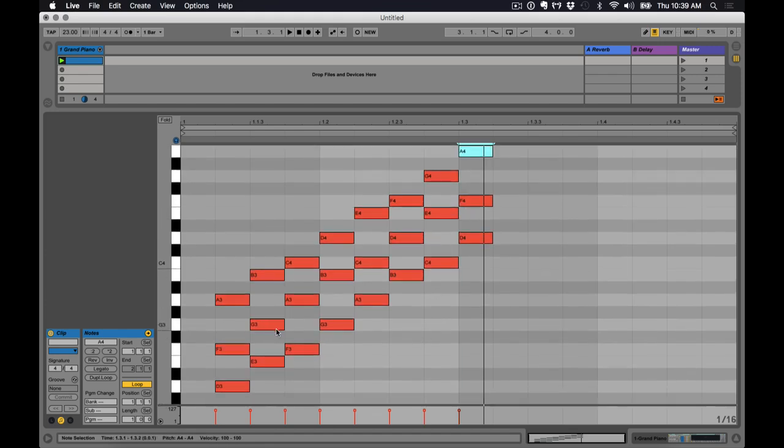Okay, there we go. So let's look at what we have now. It should be pretty close to the minor diatonic chord progression, right? So we have a D minor.